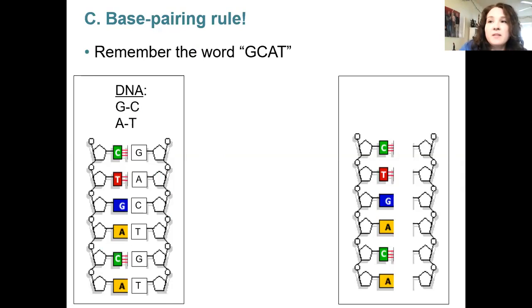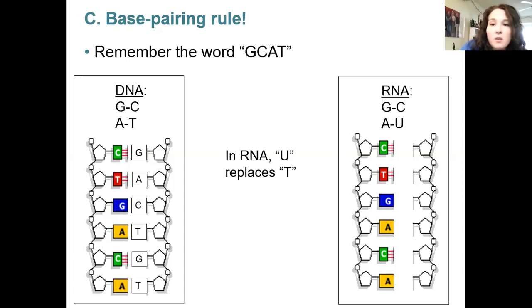Now, the bases are held together, remember, in the middle with hydrogen bonds. And in RNA, U replaces T. So if G goes with C and A goes with U, and let's change that to a U instead of a T, I want you to pause the video and go ahead and try and write down what you would find on the other side of this RNA molecule.